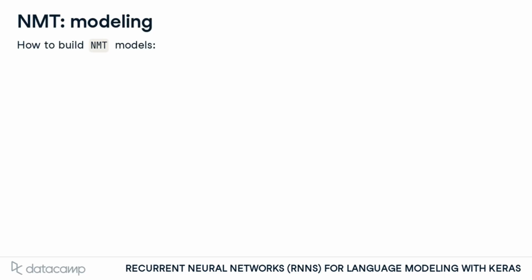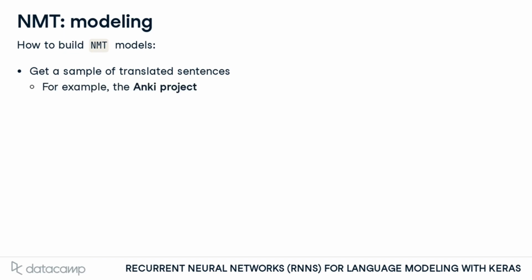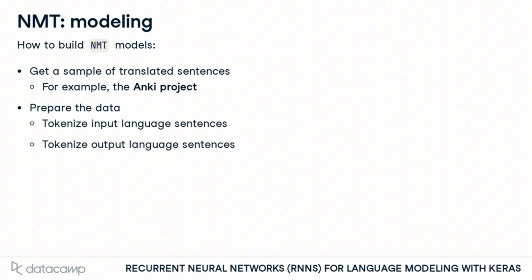The NMT model is similar to the text generation model, but it has to deal with 2 languages at the same time. To acquire training data, we can search for open source projects such as Anki. In the data preparation phase, we need to tokenize the 2 languages. It is also possible to use characters or words as tokens, but words are used more often.